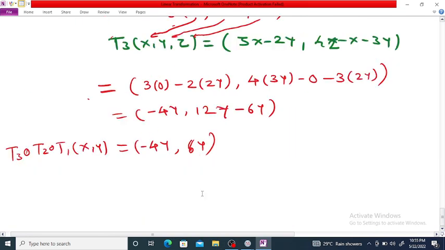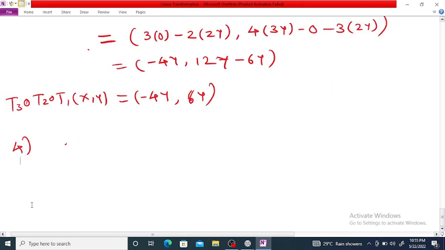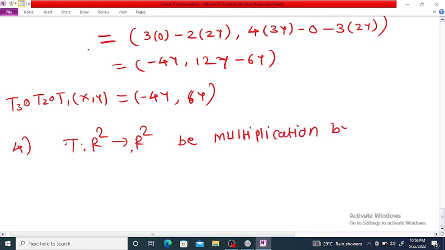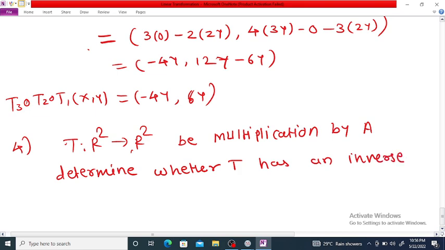Now the next example, example number 4. Let T be a mapping from R square to R square, a multiplication by matrix A. Determine whether T has an inverse and find a formula for T inverse.